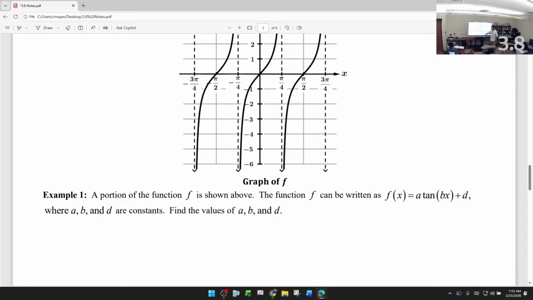And that inflection point is at 0. And because it's at 0, this thing is not shifted up or down. So D has to be 0, because, again, that's the inflection point. That's where that thing is going to change from concave up to concave down, or concave down to concave up. Okay? D. That's always the easy one.